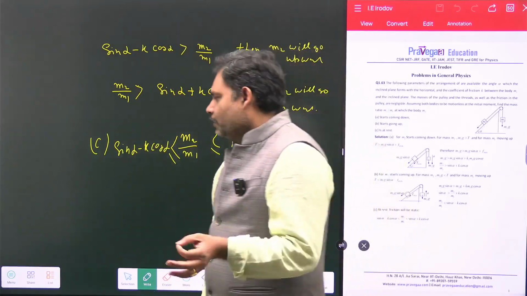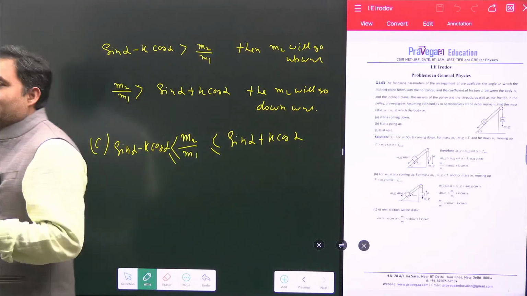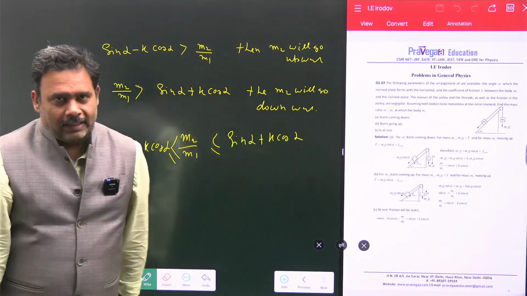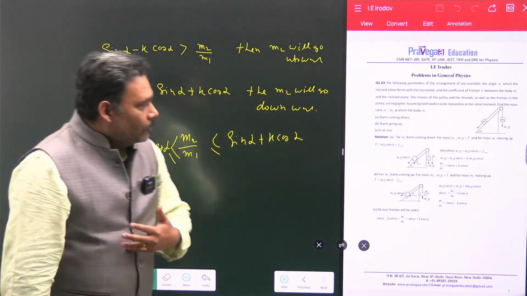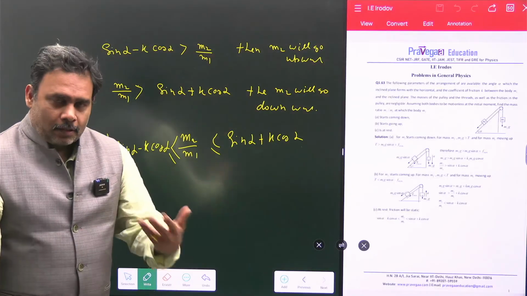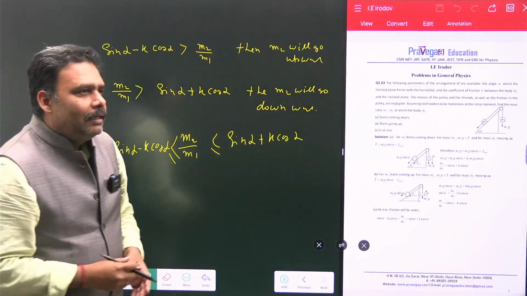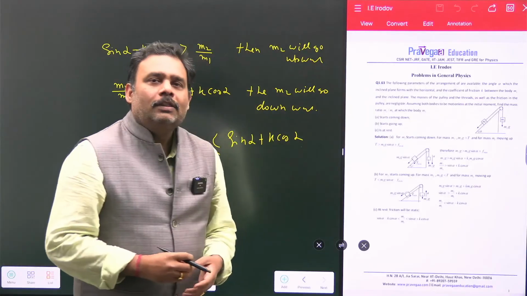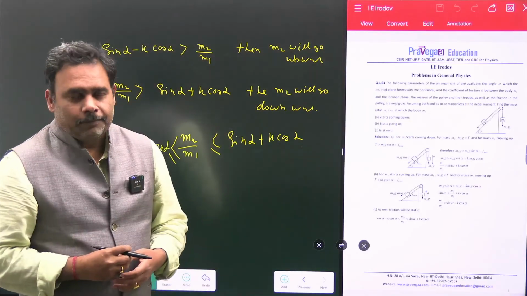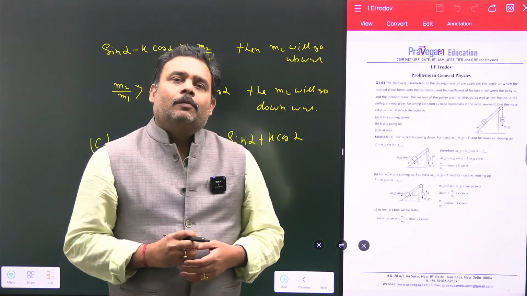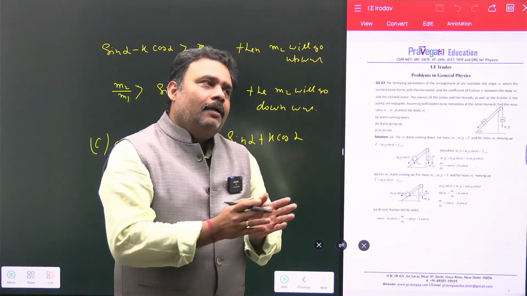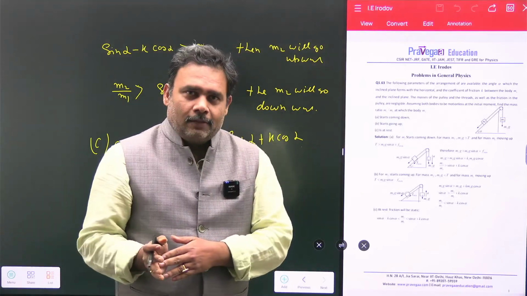So it's a wonderful problem to understand the self-adjusting nature of friction and the condition where your particle will move or not move. In general, when we see a pulley question, we just start solving the equation of motion. You have to solve the equation of motion when a perfect condition is given.